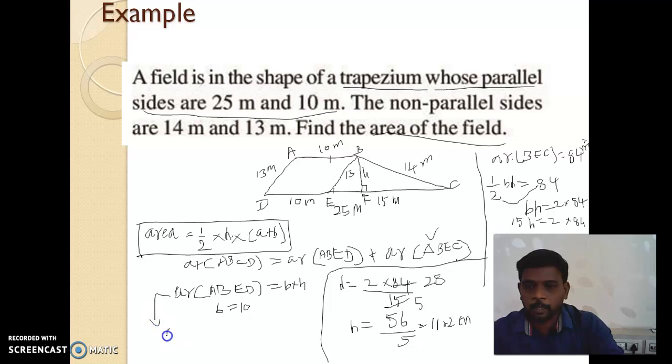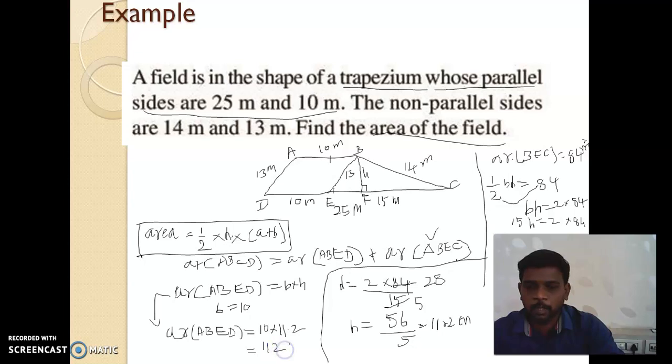So now the area of ABED, that is the parallelogram, equals base times height. What is the base of the parallelogram here? 10. So 10 into, and what about the height? 11.2 meter. If you multiply these two, you get 112.